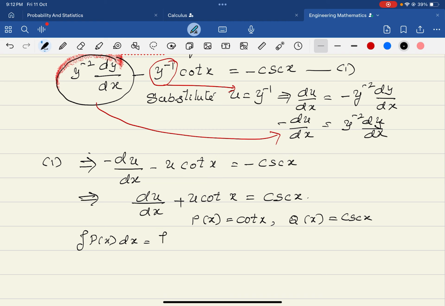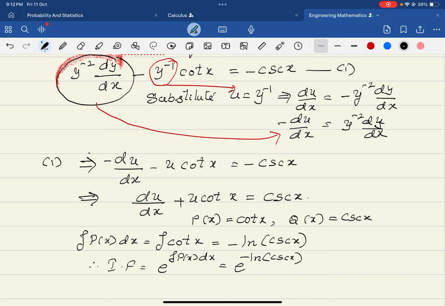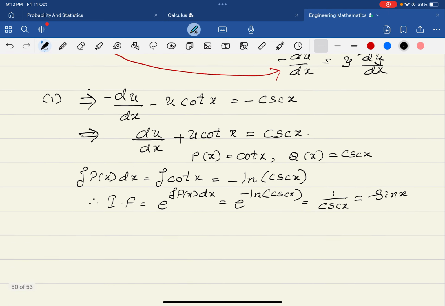It is the integral of cot x, which is ln of sin x. Therefore the integrating factor is e power integral of p of x dx, which is e power ln of sin x, which is nothing but sin x.